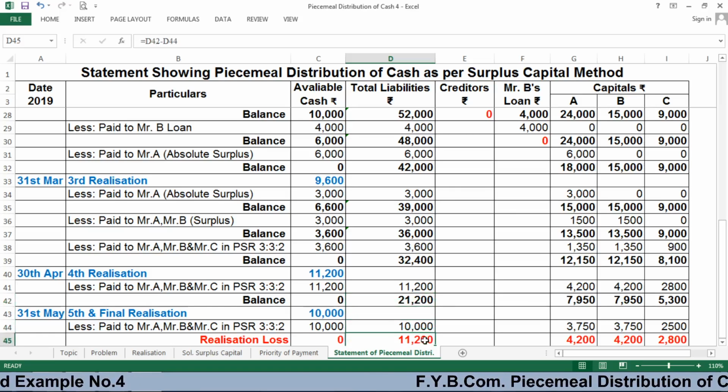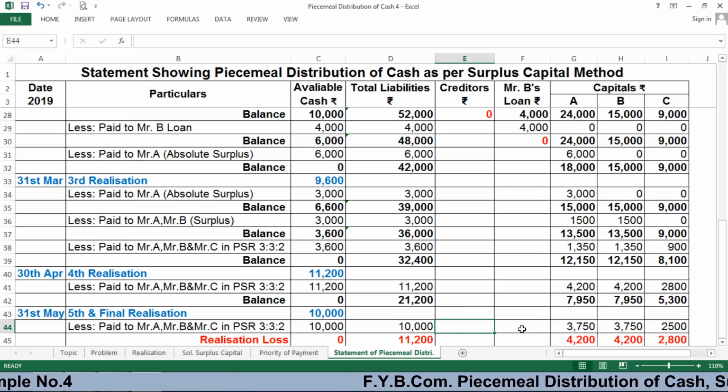The total liability still we have is 11,200, and 10,000 will be distributed in their profit sharing ratio, that is 3 is to 3 is to 2. It comes to 10,000 into 3 divided by 8.